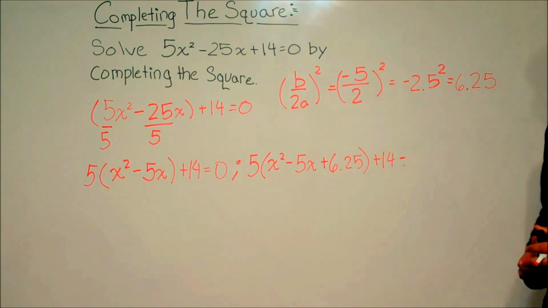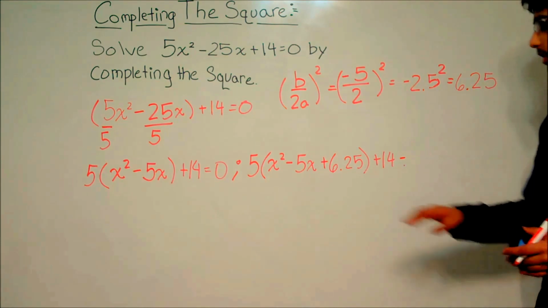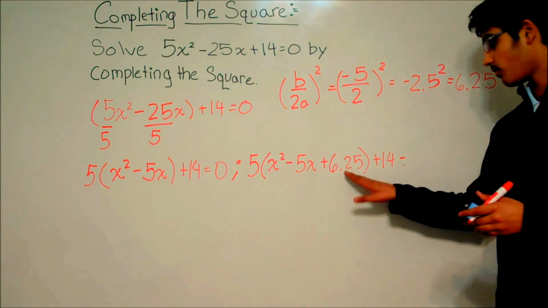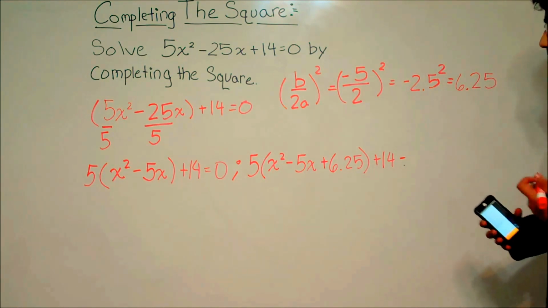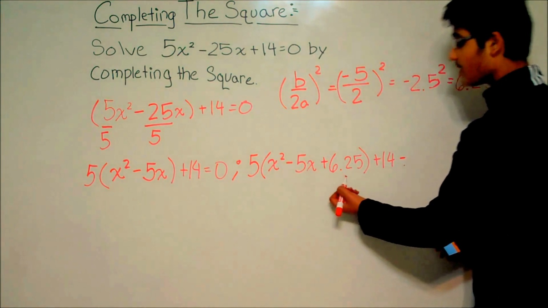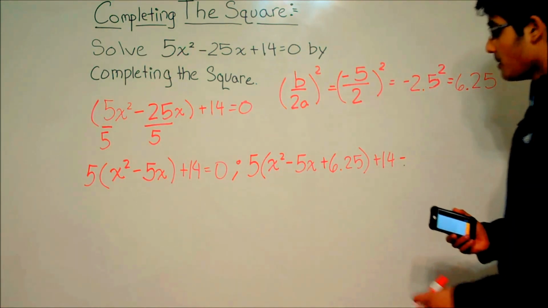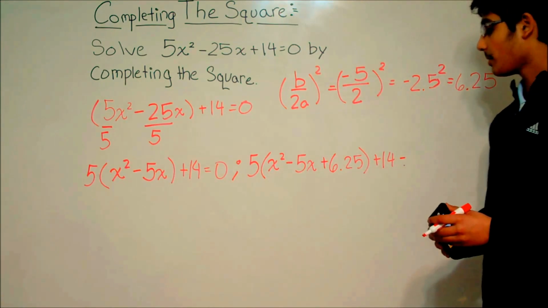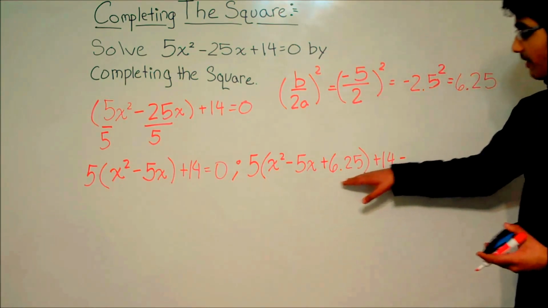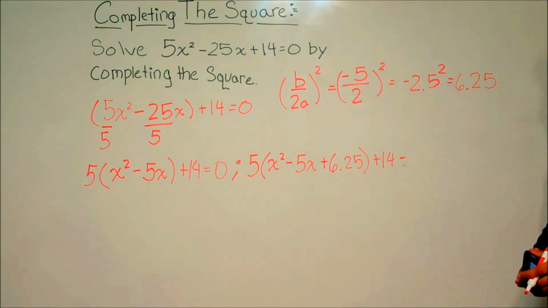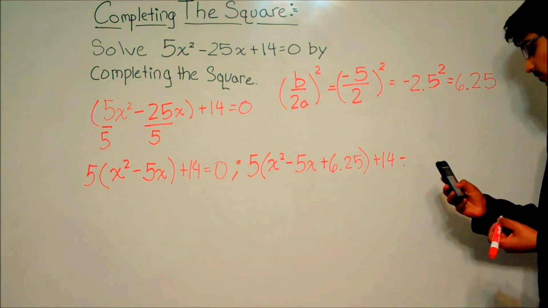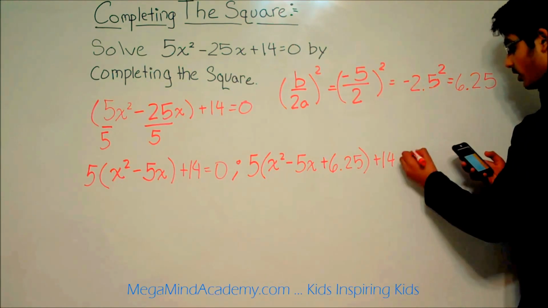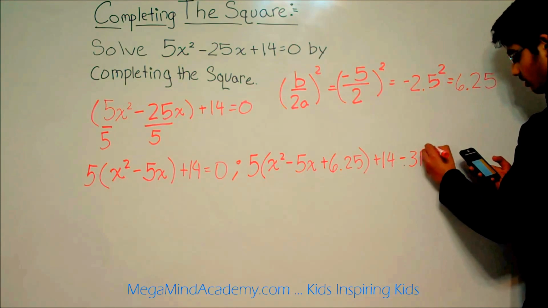Now, before we subtract it, let's first figure out what real value we added. The number that we put in was 6.25, but that's not the value that we added. The value that we added would be 5 times 6.25, because it's inside the parentheses, and when 5 gets distributed through the distributive property, 5 times 6.25 is 31.25.